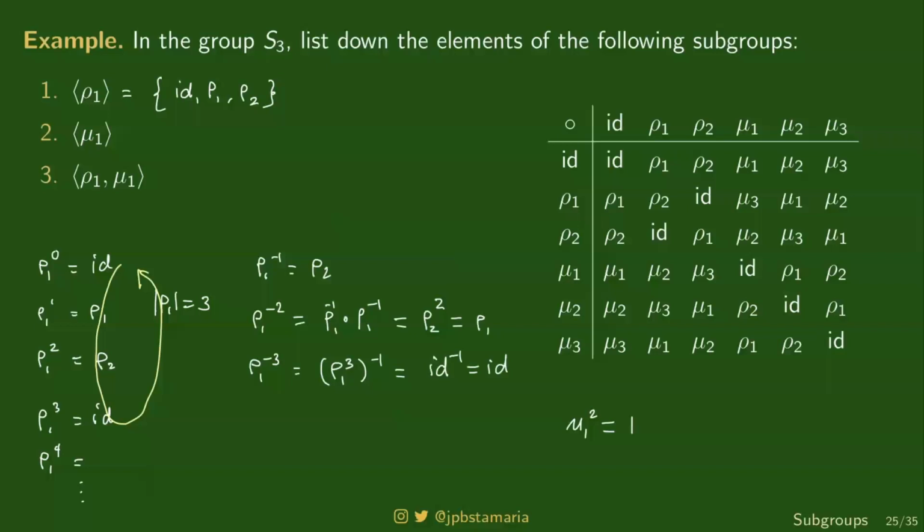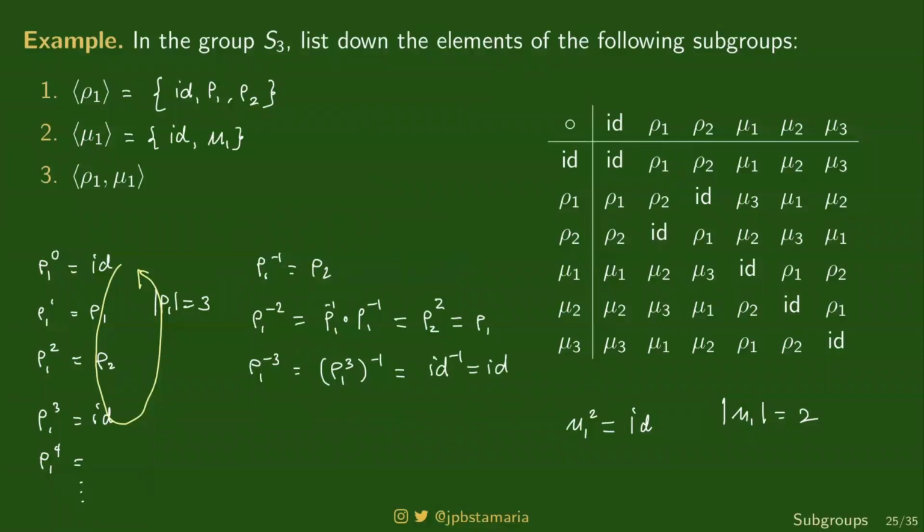Very good, identity. So as you can see, ang mu1 ay may order na 2. Bumalik ka na kagad na identity after a power of 2. So in short, iikot-ikot na lang siya ng dalawa-dalawa, no? mu1, ID, mu1, ID. Pag nilista mo yung powers niya, dalawa lang. Kaya ito lang ang lalabas. Again, nagkataon, ito lang din yung centralizer ni mu1.